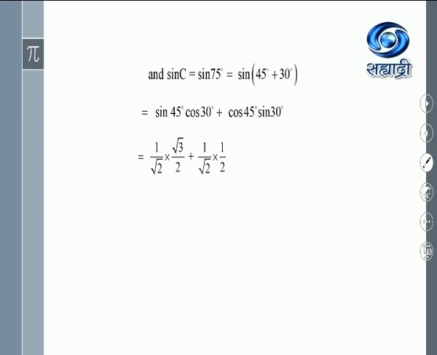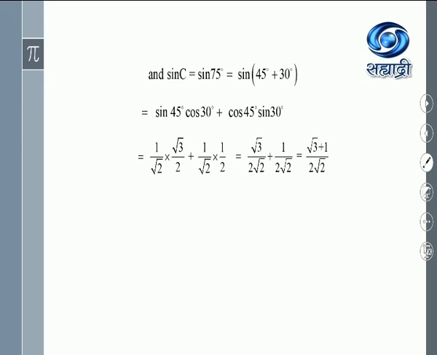This step is very important in the solution. Now we simplify further. 1 multiplied by root 3 is root 3 upon 2 into root 2 is the first term, plus 1 multiplied by 1, that is 1 here, and root 2 into 2 we got as 2 into root 2.